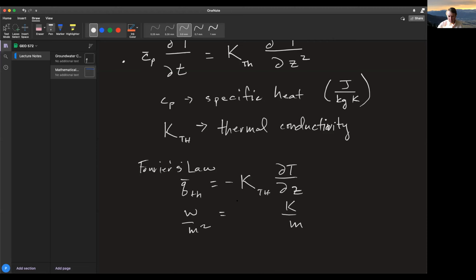So the unit of thermal conductivity to make these two sides equal is watts per meter Kelvin. Then meters squared, Kelvins will cancel, and I'll end up with watts per meter squared on either side.